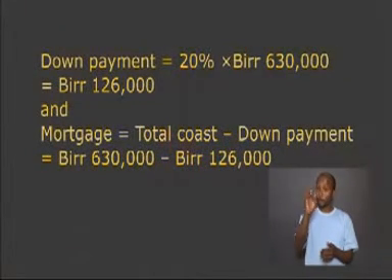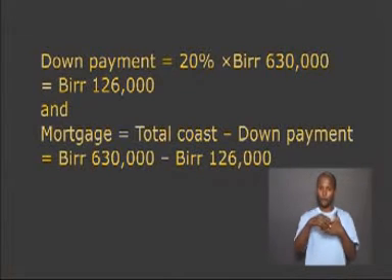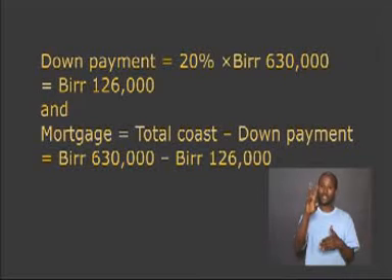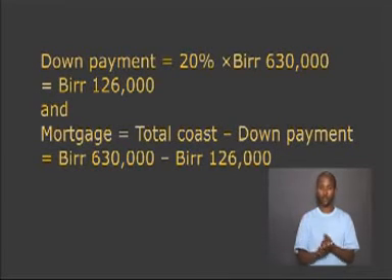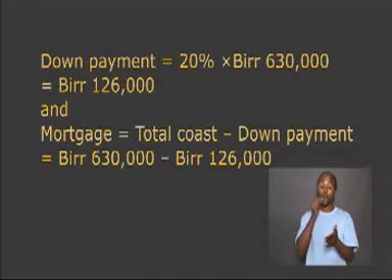20% of 630,000 birr is 126,000 birr. This is the amount that Amira must pay immediately.